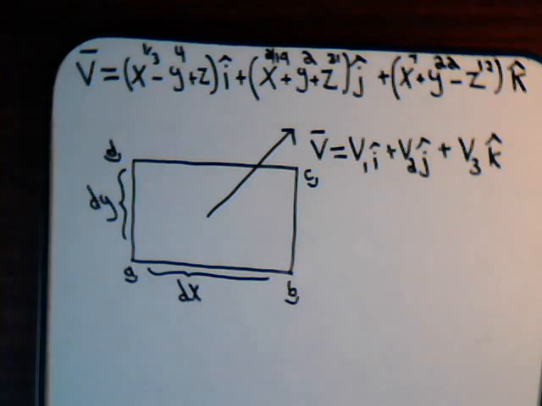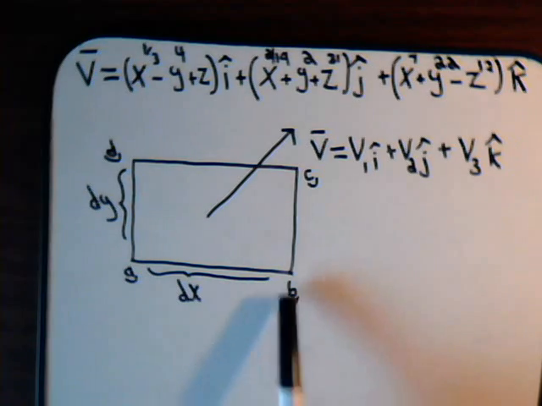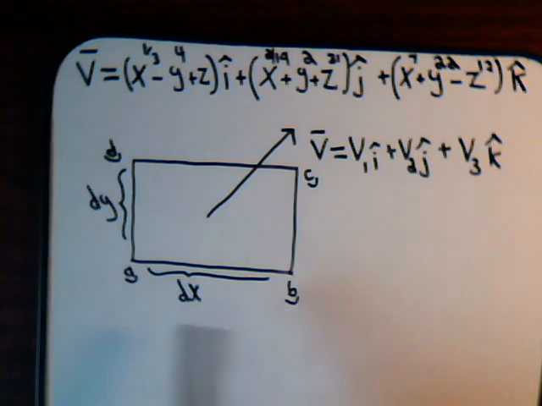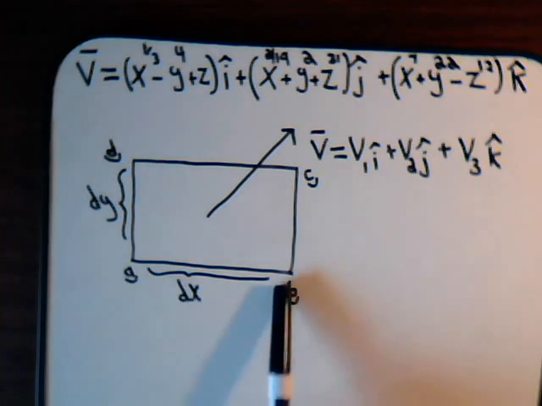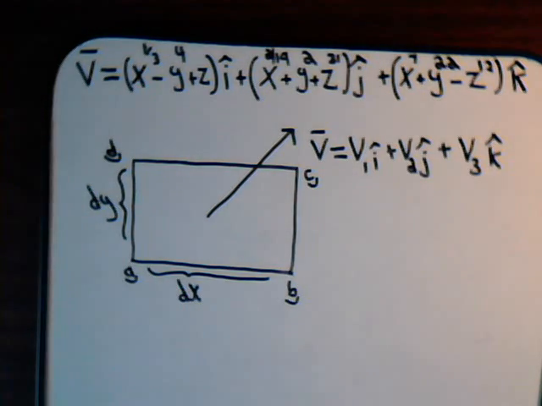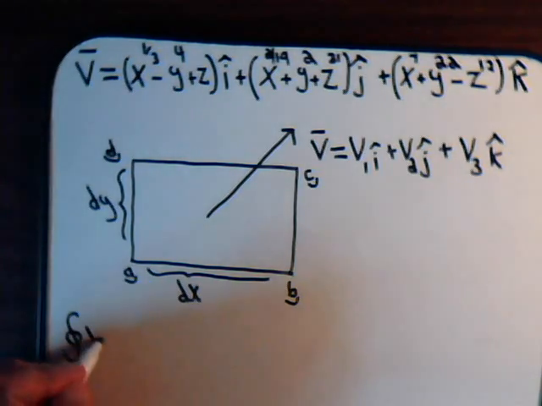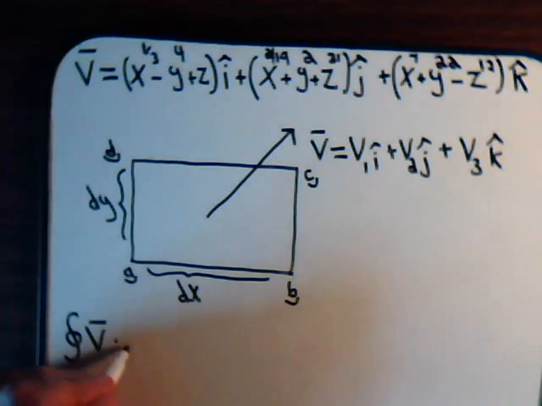Now what we want to do is take the line integral of our vector v about this infinitesimal path, that is along this differential path, dx, dy. So we would write it in general like this, v dot dl.